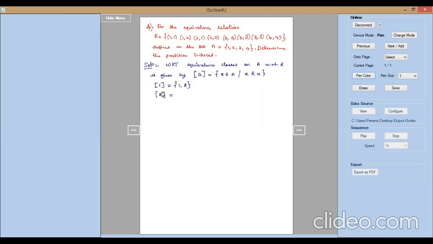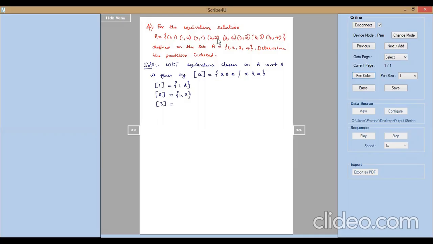Next, we will find the equivalence class of 2. We observe that 1 is related to 2 and 2 is related to 2. So the equivalence class of 2 is {1, 2}. Next we will write down the equivalence class of 3.